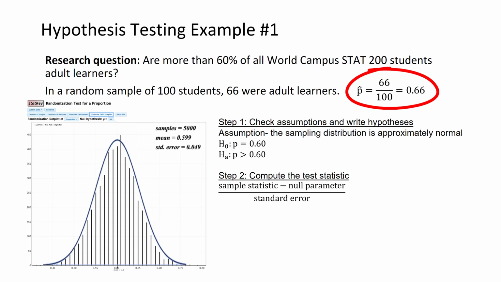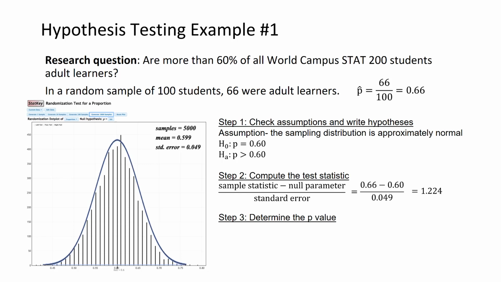The null parameter is the value from the hypotheses, that is 0.60, and the standard error we'll get from the StatKey sampling distribution, that value was 0.049. We plug these values into our formula, and we get a test statistic of 1.224.